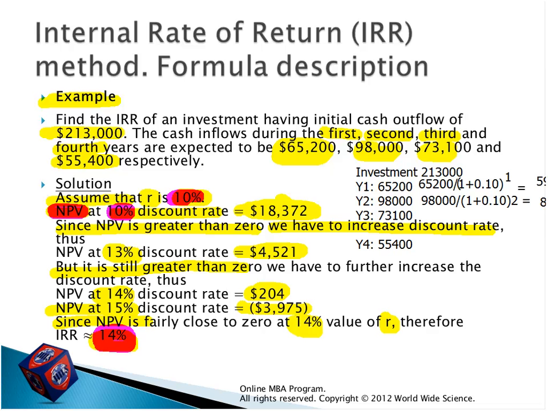So the present value of the second year is equal to 80,992. Where is the 2? It is 98,000 divided by 1 plus 0.10 at the second power, equal to 80,992. This is how we make calculations to find the present values of future cash flows.